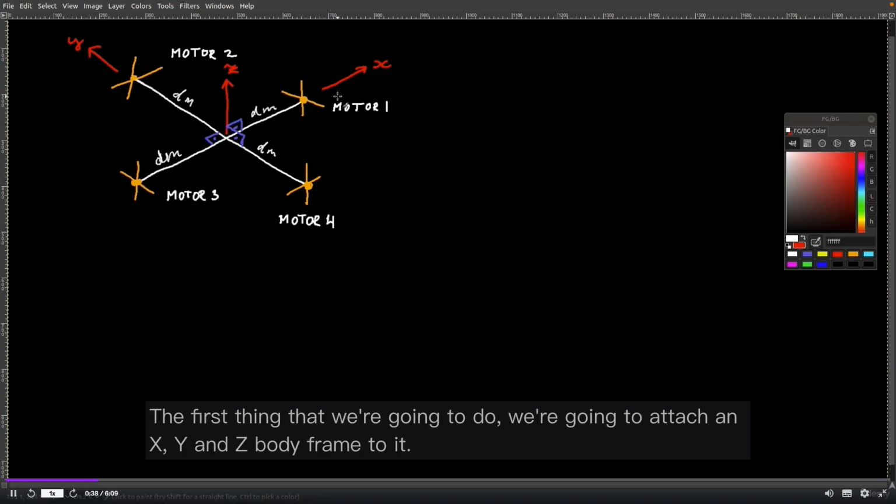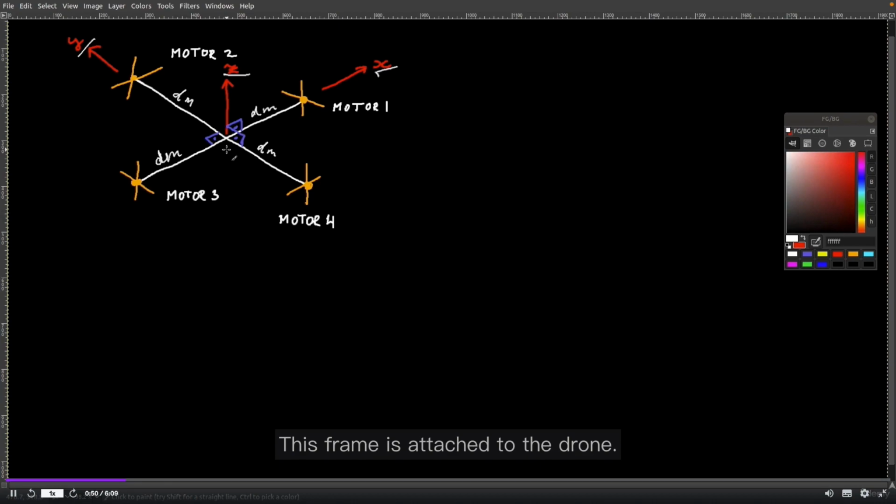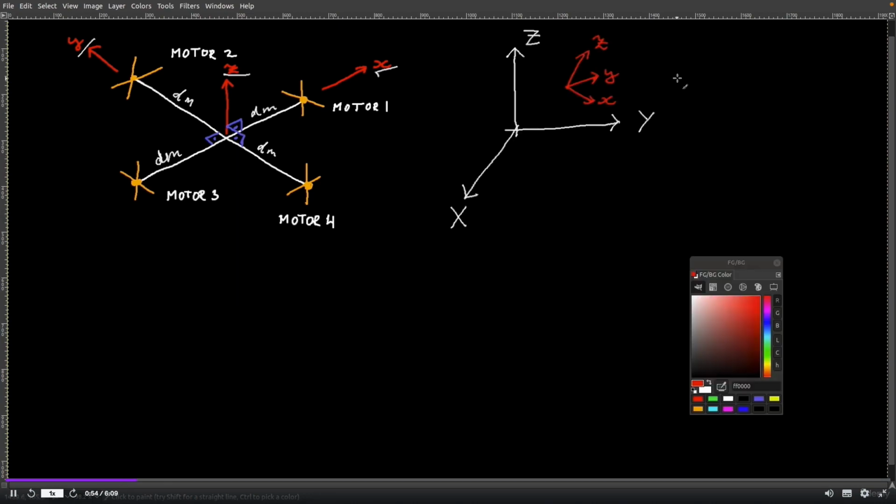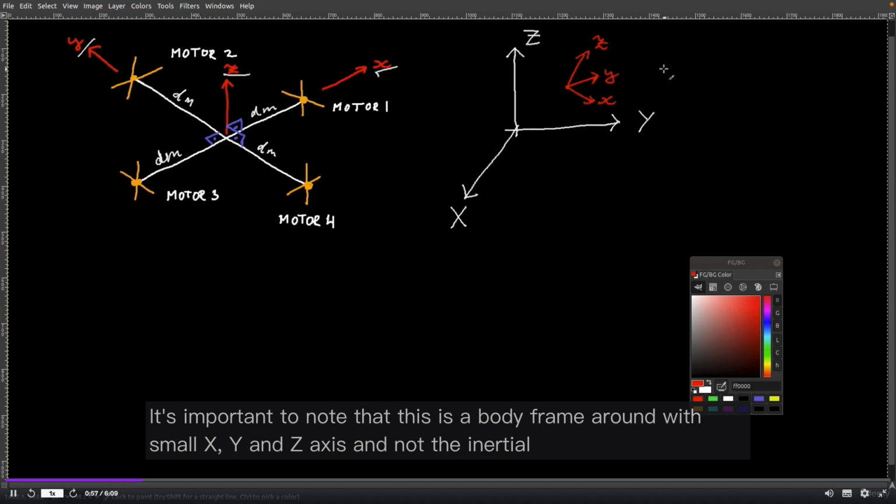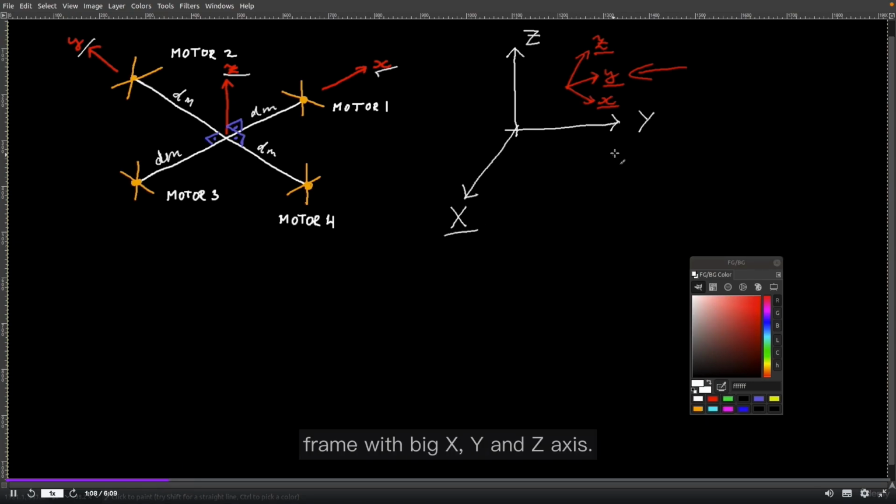The first thing that we're going to do is attach an X, Y, and Z body frame to it. This frame is attached to the drone always. It moves with it. It's important to note that this is a body frame, with small x, y, and z axis, and not the inertia frame with big X, Y, and Z axis.